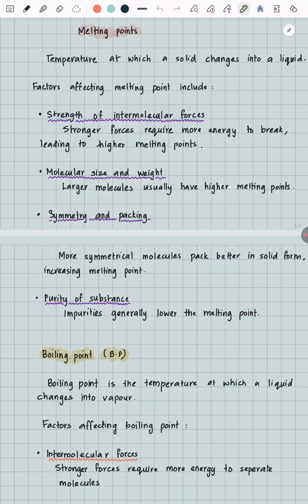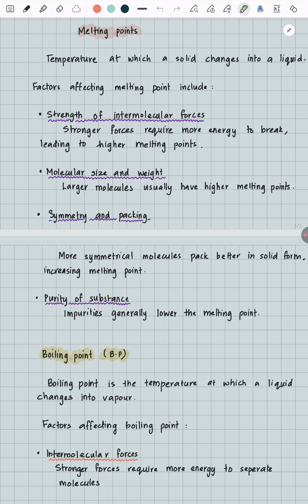Other factors such as molecular size and shape also play a role. Larger molecules generally have high melting points and more symmetrical molecules pack better in the solid state, which also increases the melting point. Impurities tend to disrupt the orderly arrangement of molecules and therefore lower the melting point.